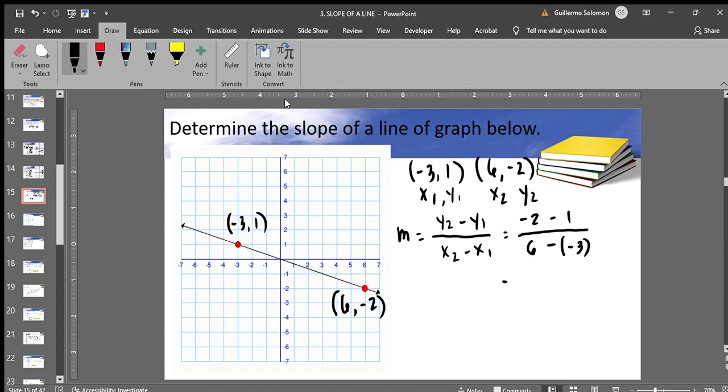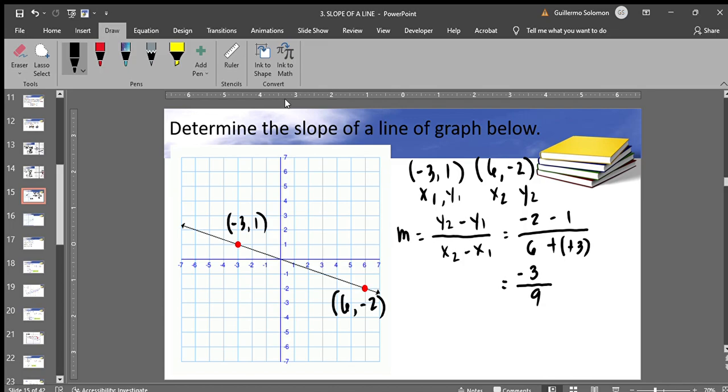Equals negative 2 minus 1, so that is negative 3. Equals 6. In here, let us apply the subtraction of integers. Minus a negative will become addition. So that is 6 plus 3, so it will become 9.